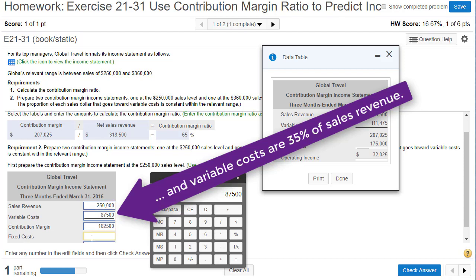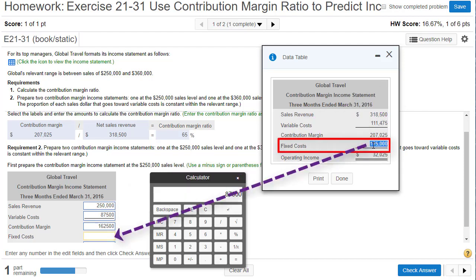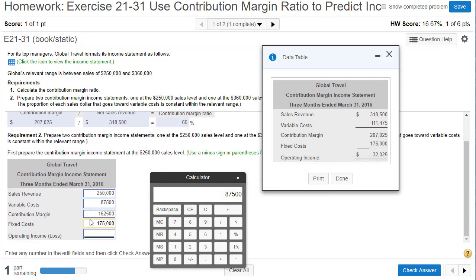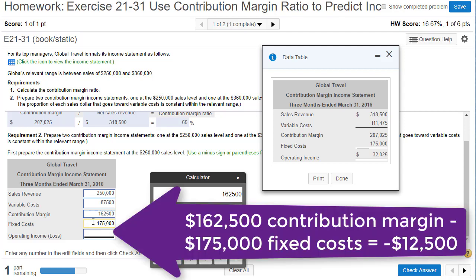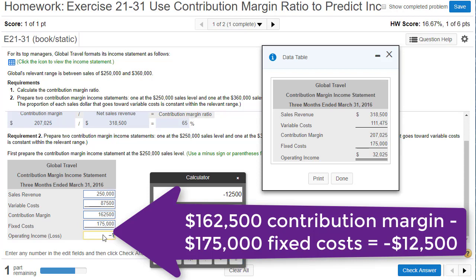Okay, now we have our fixed costs, and they are still going to be the same, 175,000. Copy that, paste it, scroll down. So it looks like we're going to have a loss. To calculate operating income, you take 162,500 and subtract 175,000, which gives us negative 12,500.